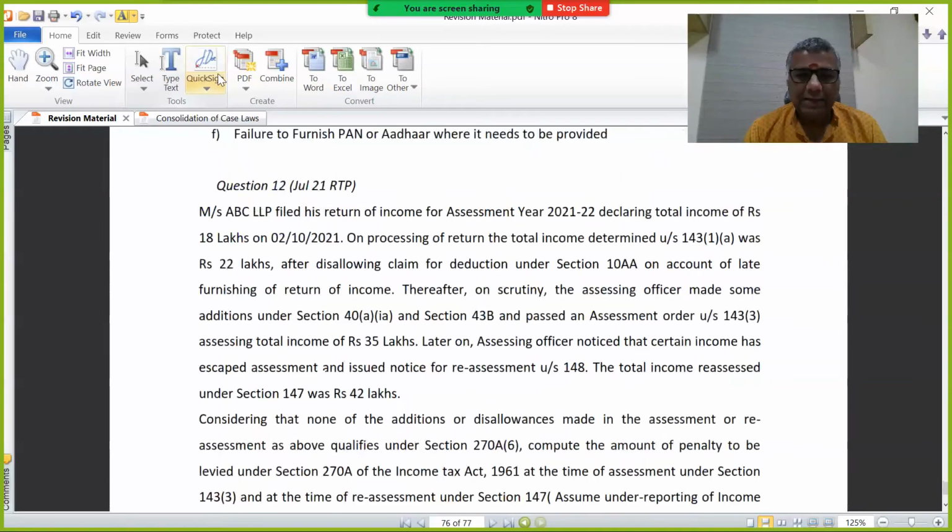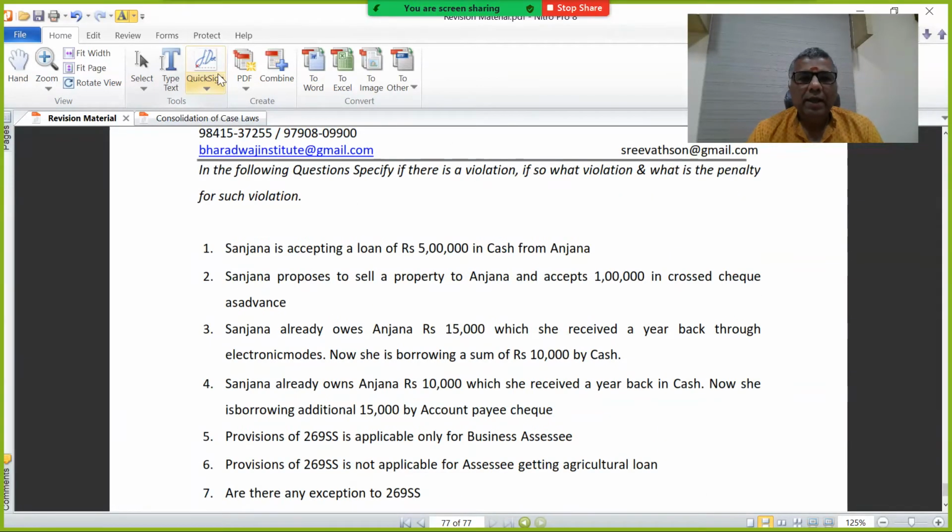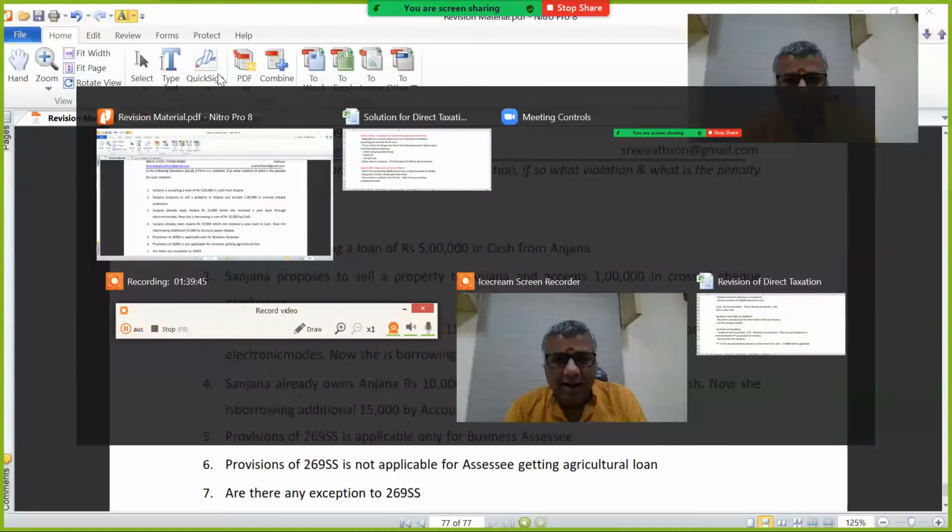I'll complete this and come to penalties. In the following questions, specify if there is a violation. If so, what is the violation and what is the penalty for that violation? Sanjana is accepting a loan of 5 lakhs in cash from Anjana.